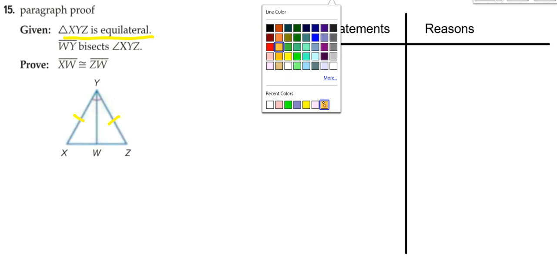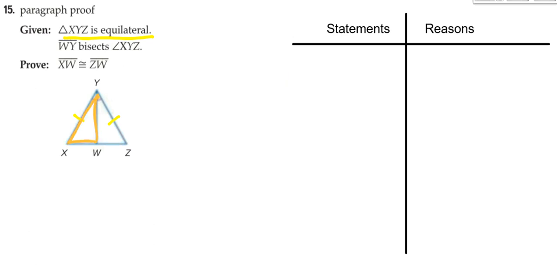So we've got this triangle here and this triangle here. So we don't want to use that side as a whole side. We want to use it as maybe 2 little pieces. And then we also know that segment WY bisects angle XYZ. Point to that on your main key terms page.